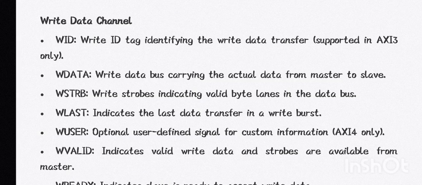WUSER is an optional user signal for custom information. It is used in AXI4 only. WVALID indicates valid write data and strobes are available from the master. WREADY indicates the slave is ready to accept write data.